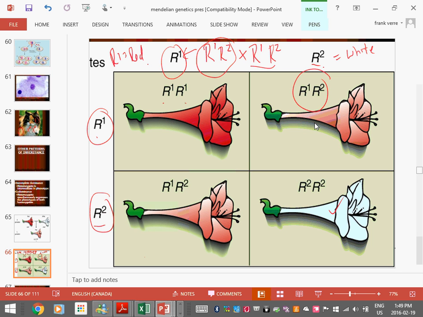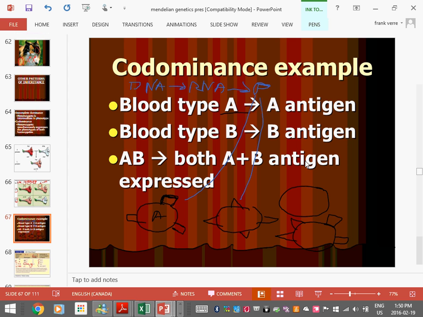Well, it's red with white. If red was dominant over white, then this would be what? This would be red. But it's not. So if it's incomplete dominance, it's blended. Right, they both show up. So they're pink. Now I'm going to show you codominance.